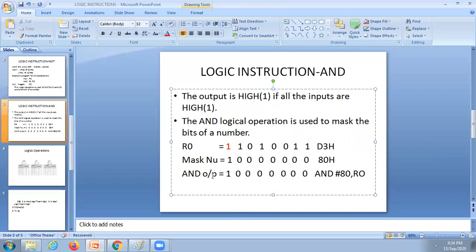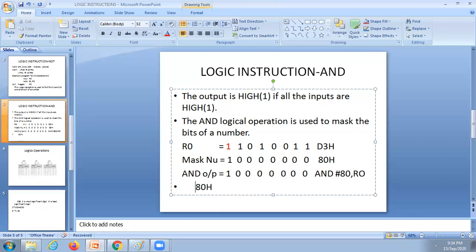Here in the AND operation, because both inputs are 1, the output is 1. So what will be the output of this? The output is 80H.